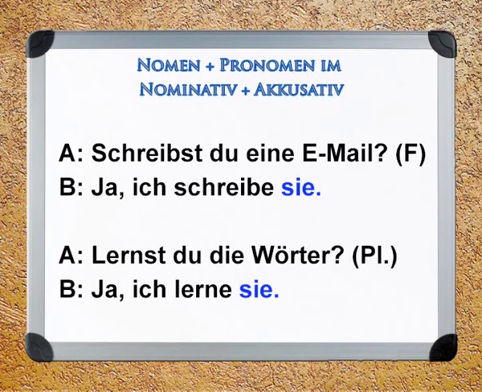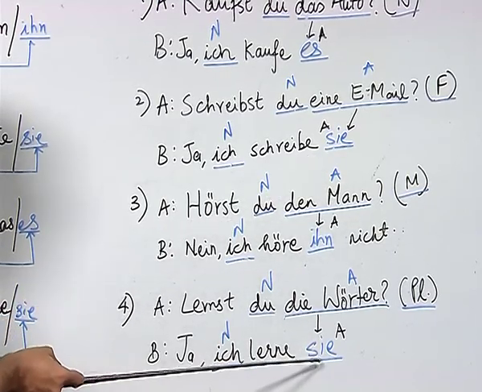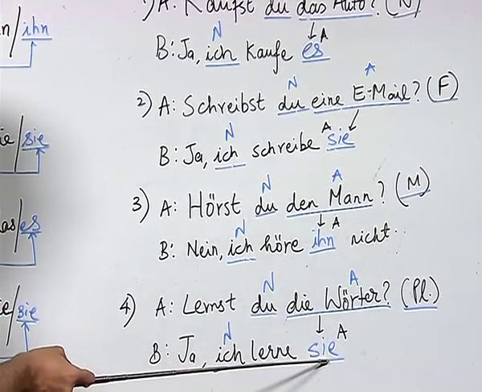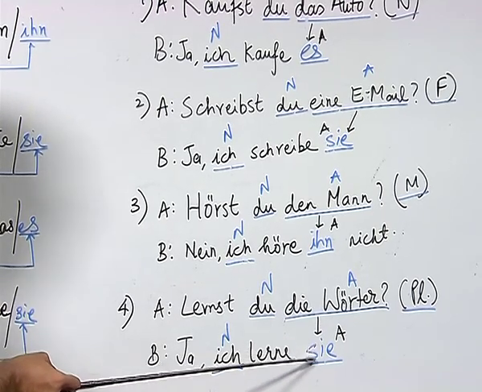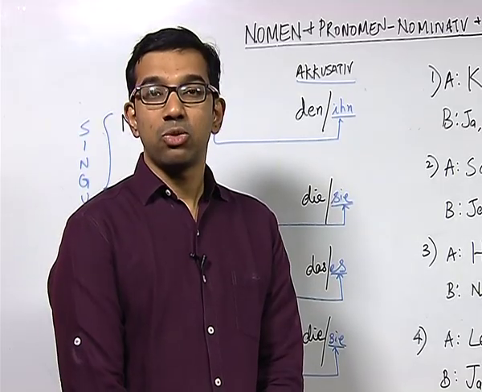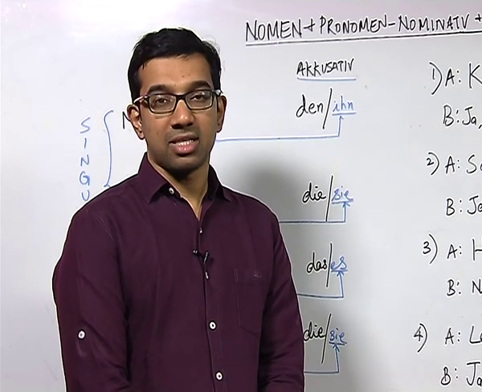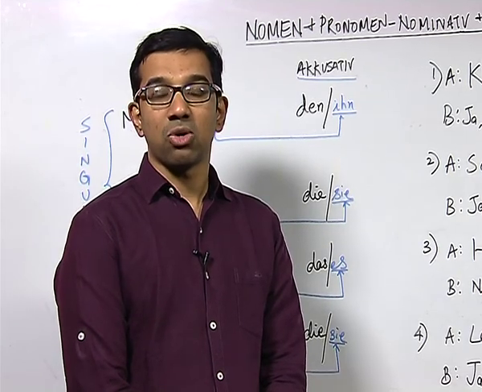If you look at sentence number 2 and sentence number 4, you will see that sie and sie remain the same in their form. That means the s and s are small. Therefore, whenever you are writing sie for third person singular and sie for third person plural, the s is always written in small letter. Now, let us do some exercises, and the student will write here the answers, and we will see if the answers are right or wrong.